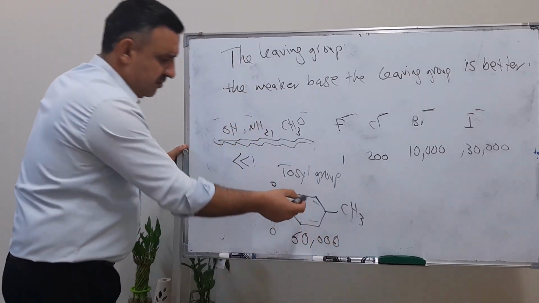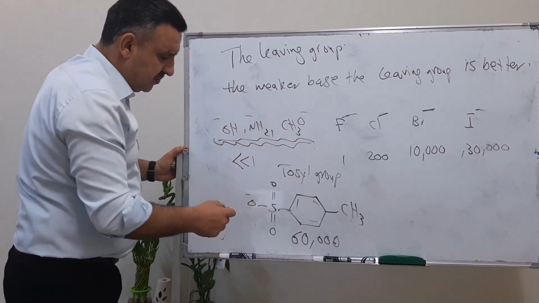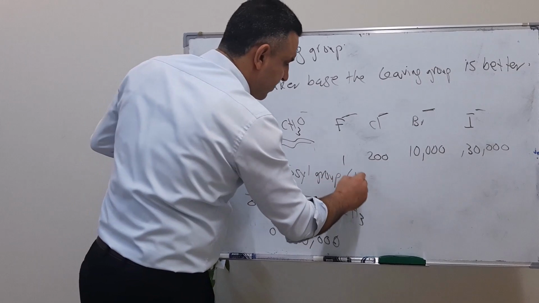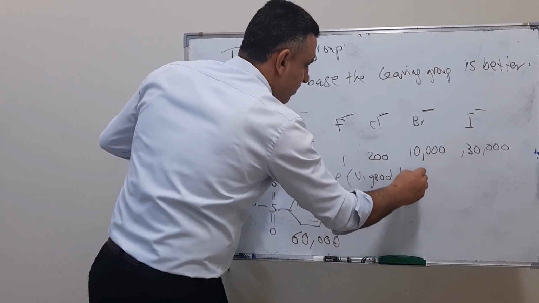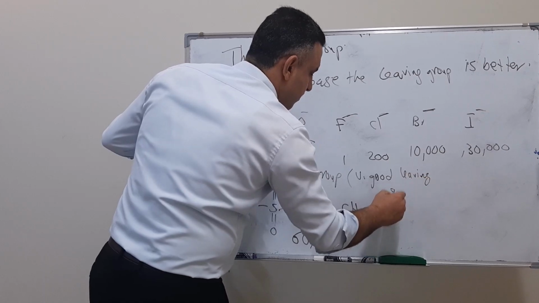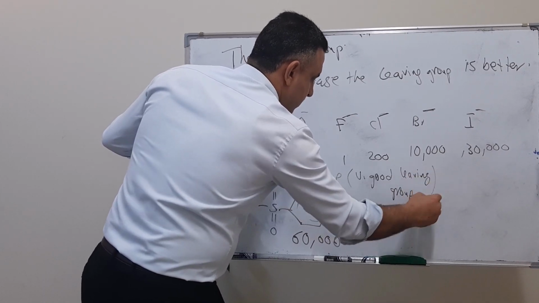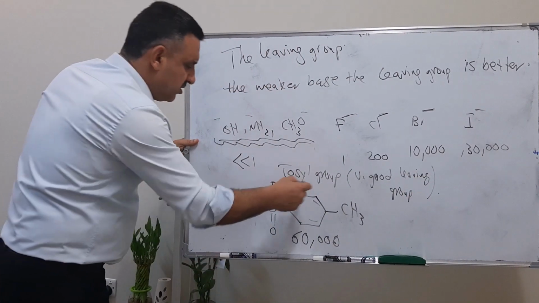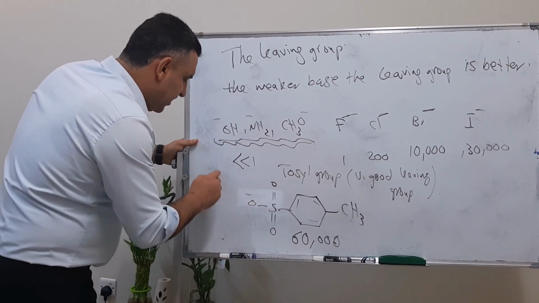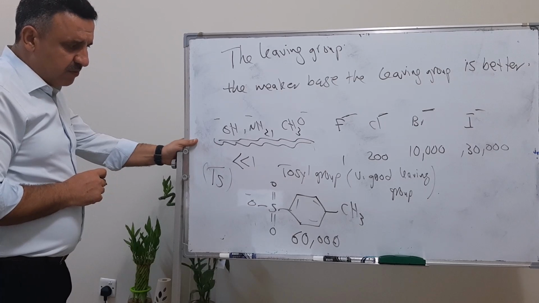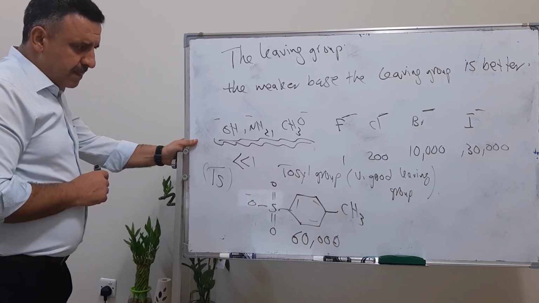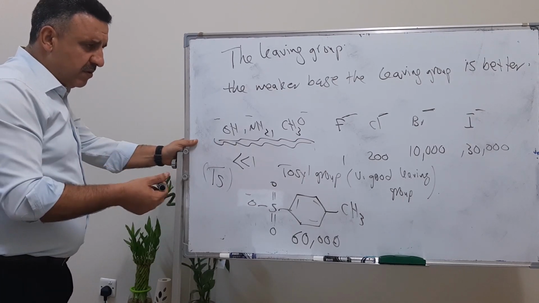Now, first of all, why do we call it the tosyl group? This tosyl group is a very powerful, very good leaving group, and we abbreviate it as TS. And why do we call it tosyl?